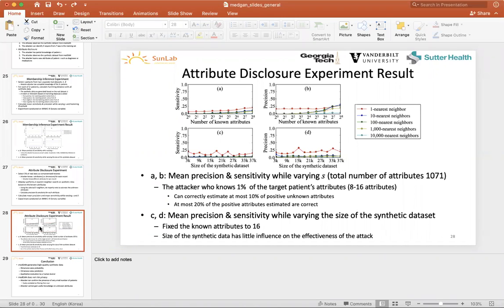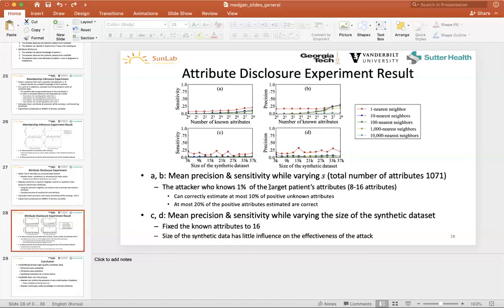For example, if you have 90% information about a specific patient, John, then it's probably easier for the attacker to fill in the remaining 10%, because you can just look at all the synthetic ones and try to match the synthetic samples that are as close as possible to the 90% information of John, right? And then you can just copy the rest.